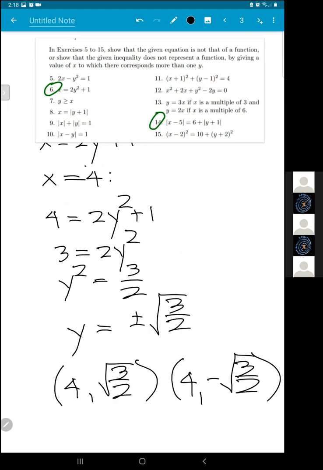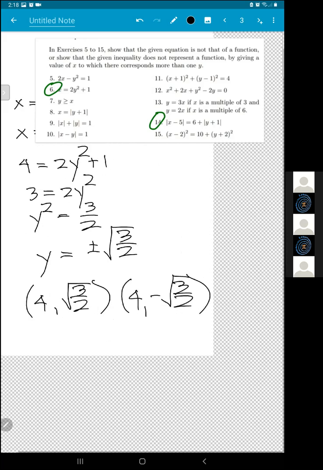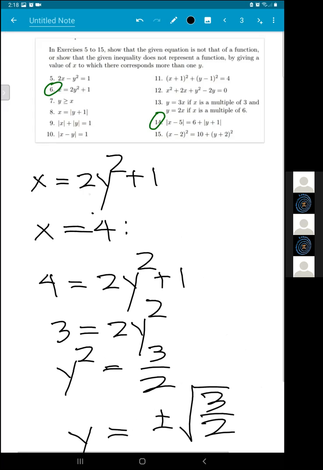are part of the graph of this equation here. The x equals 2y squared plus 1. If you graph that, actually, it will fail to satisfy, remember, the vertical line test. It's actually a parabola that opens sideways.